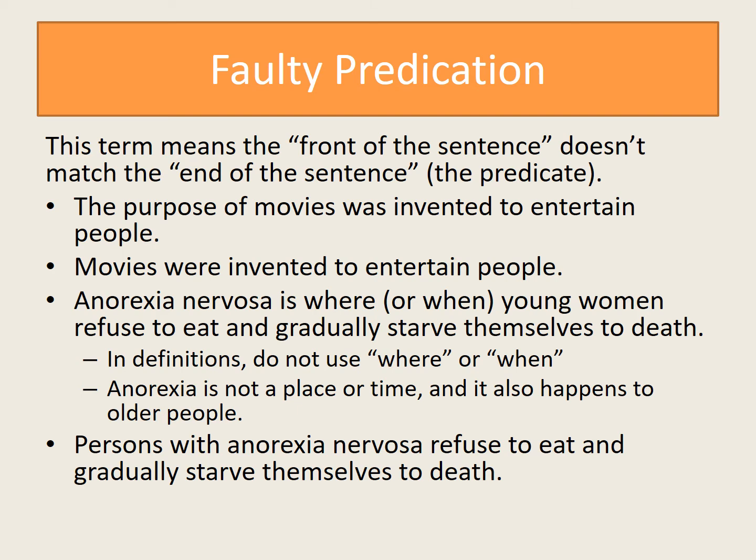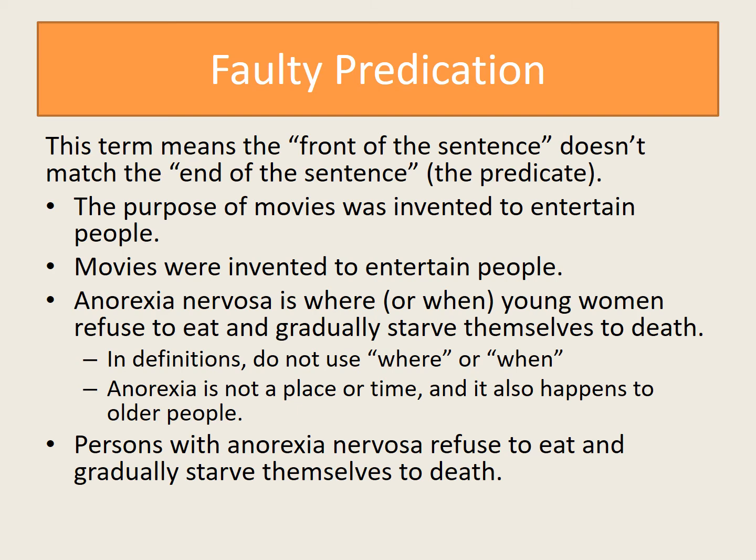And it basically means that the front of the sentence doesn't match the end of the sentence, the predicate. And so we have an example: the purpose of movies was invented to entertain people. Well, no, movies were invented to entertain people. Okay, the purpose wasn't invented.